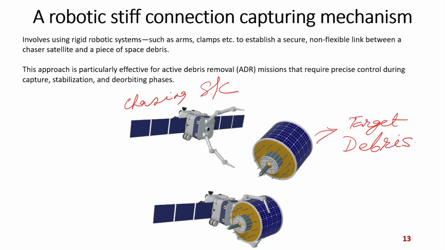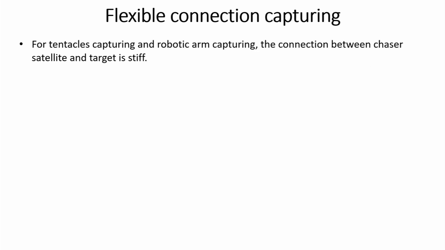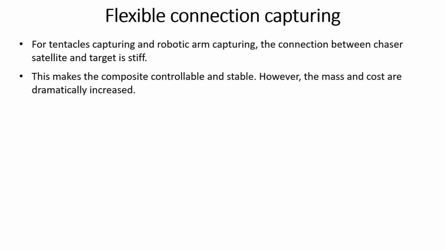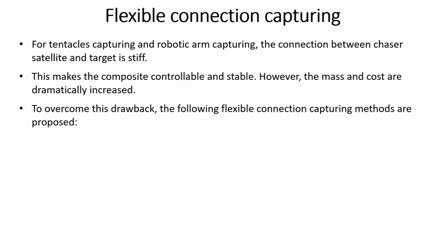Once it is approaching after the rendezvous, it is able to capture the target debris. So, for tentacle capturing and robotic arm capturing, the connection between the chaser satellite and the target is stiff. This makes the composite controllable and stable. However, the mass and cost are dramatically increased.